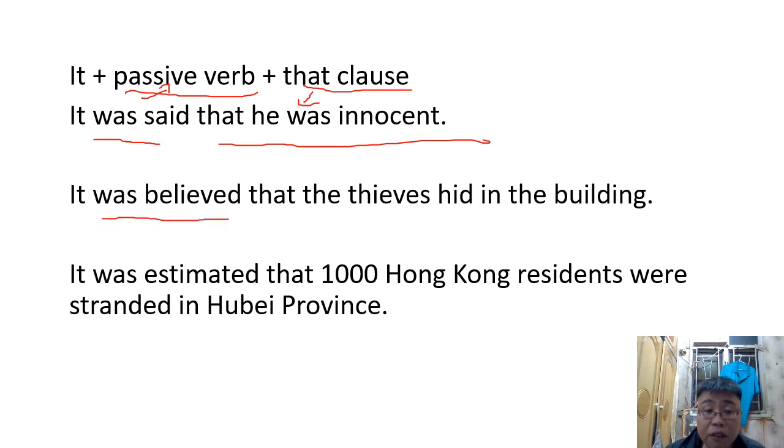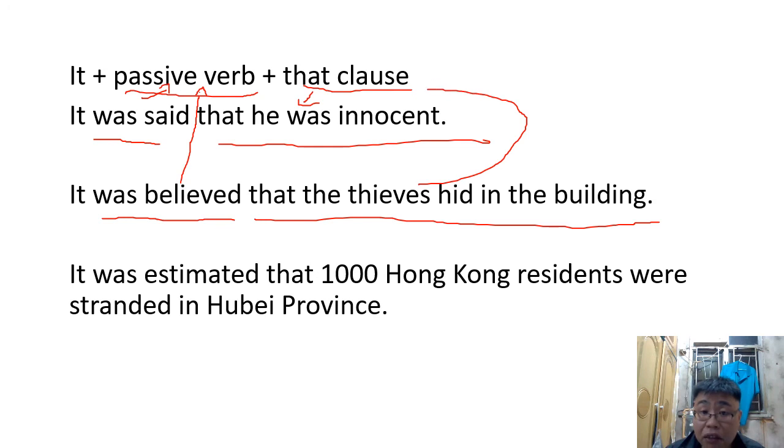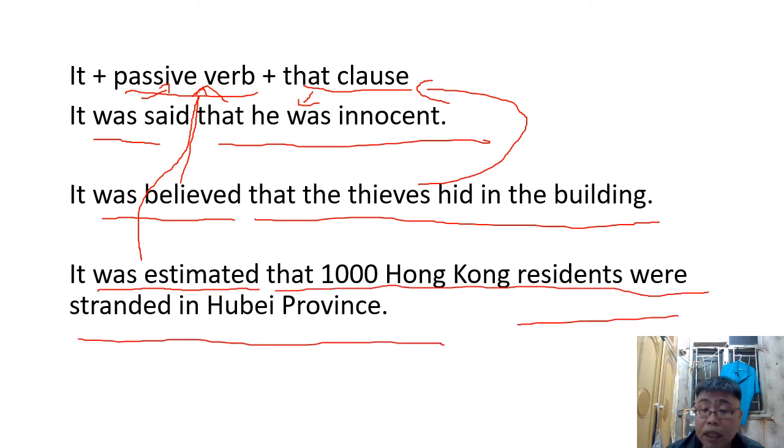"It was believed that": this is the passive verb, and "that the thieves hid in the building" is the that-clause structure. One more example. "It was estimated that": so "it was estimated" is the passive verb, and "that 1,000 Hong Kong residents were stranded in Hubei province" is the that-clause.